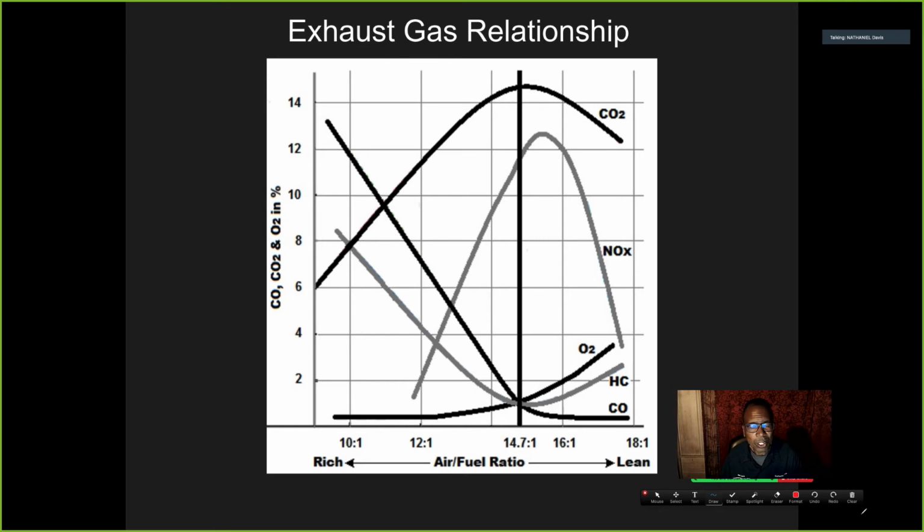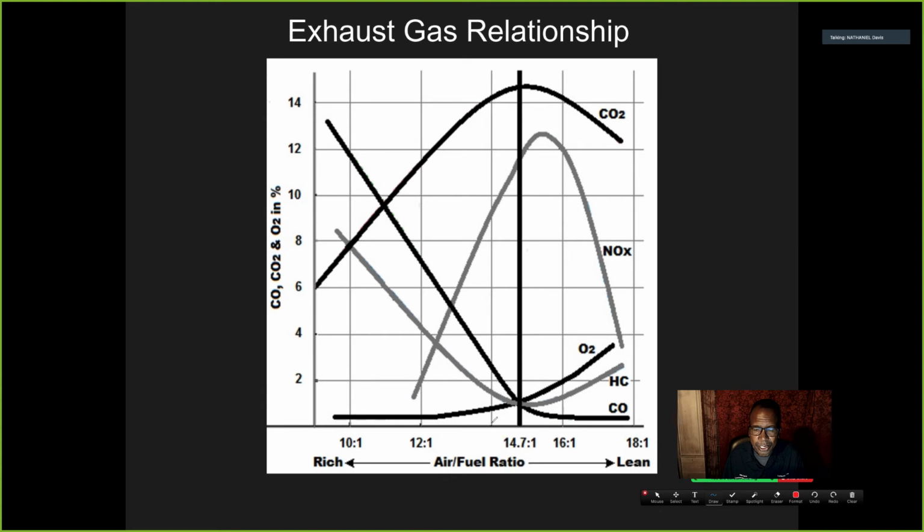It works along with the O2 sensor to take care of the three gases. That's why you never change the cat unless the O2 sensor is working. We're going to talk about that later also. But to control the NOx, HC, and CO at the same time, the O2 sensor has to be working along with the catalytic converter.